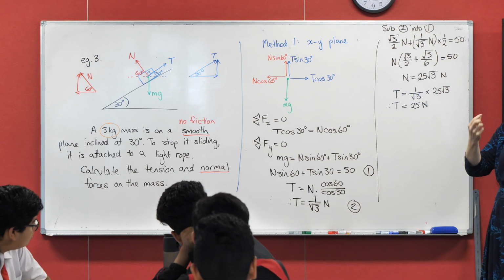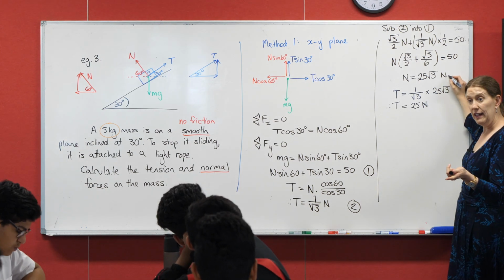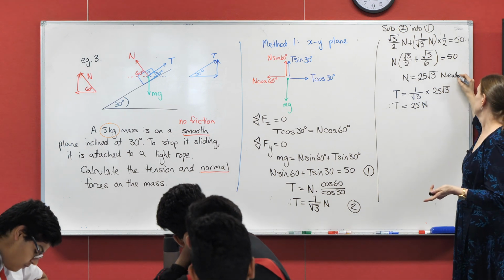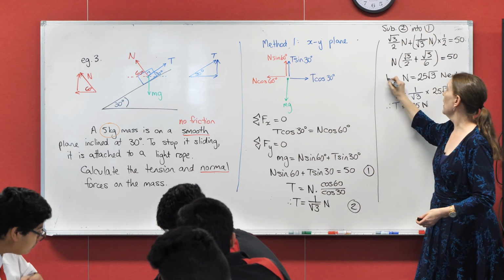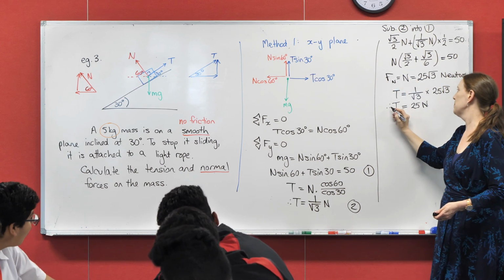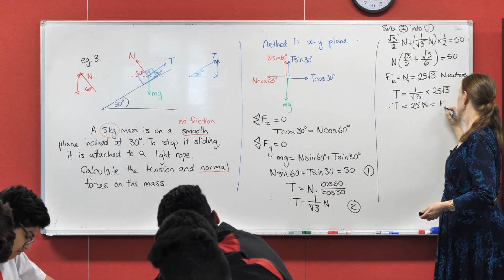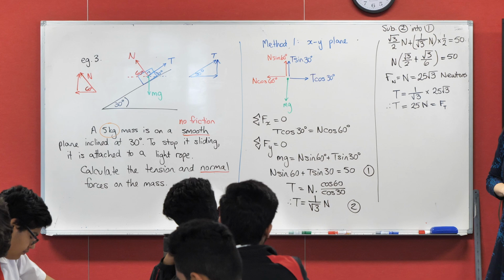So you could either expand it to be newtons, or you could write F_N. And the whole way through you could write force N if you wanted to. And then this one would be force T with subscripts. There probably should be some clarification there.